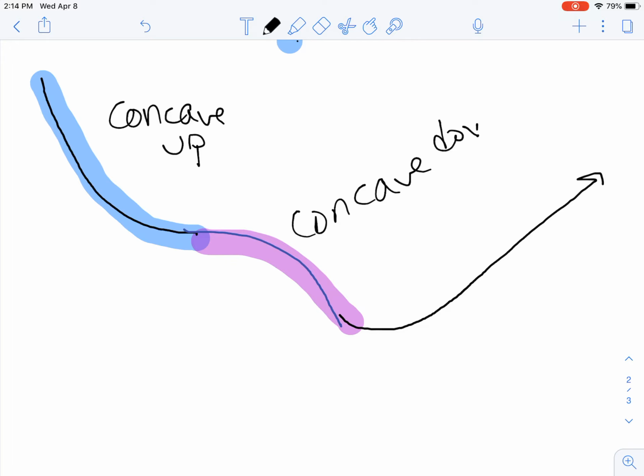Here is the point of inflection, or the critical point, where it turns from being up to down.